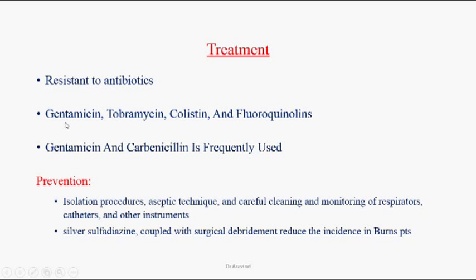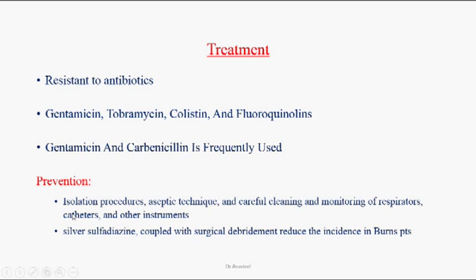These organisms can be treated with gentamicin, tobramycin, colistin and fluoroquinolones. Commonly used drugs are gentamicin and carbenicillin, which are frequently used to control these infections, whereas the majority of normally used antibiotics are ineffective, as this organism is resistant to them.